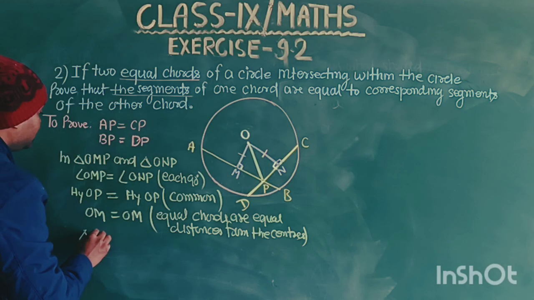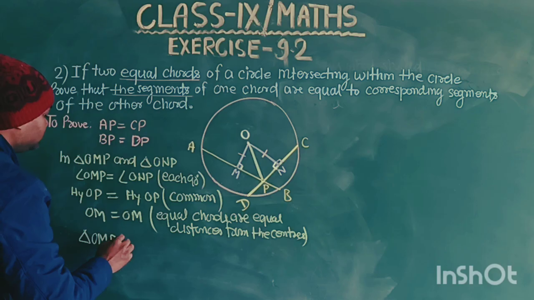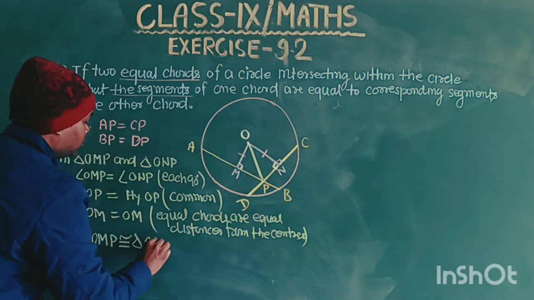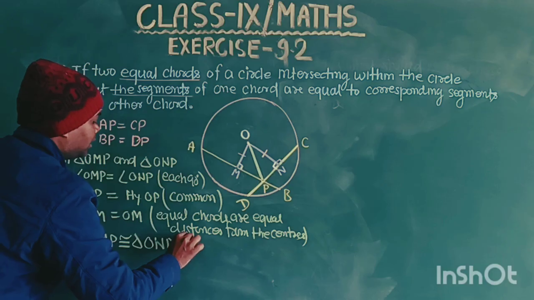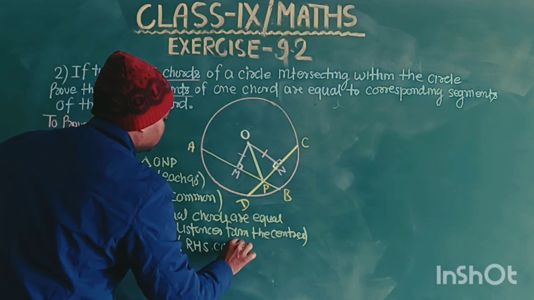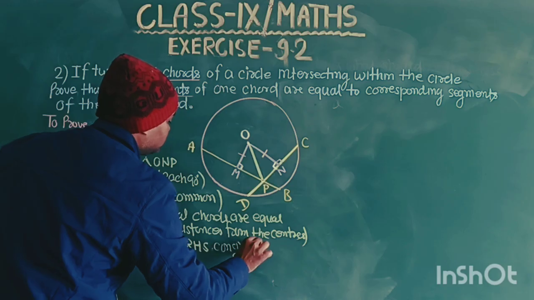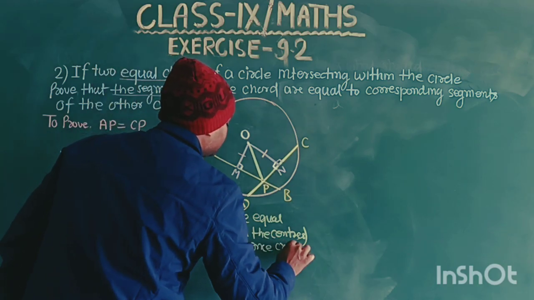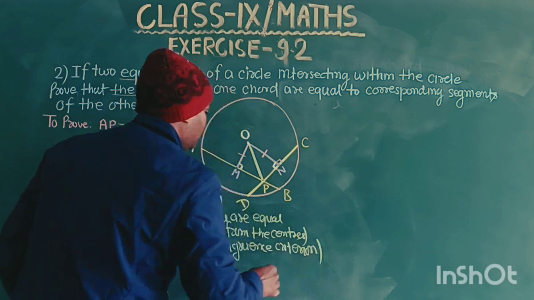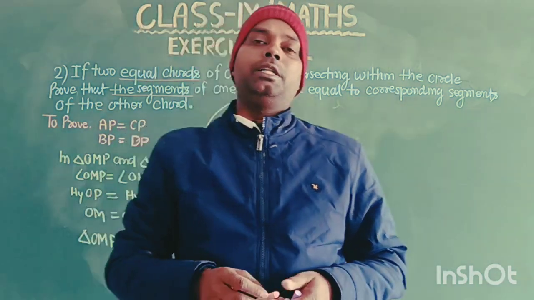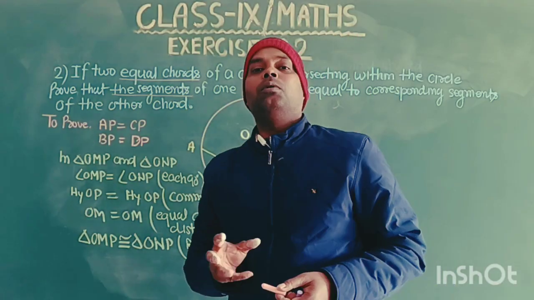Then write triangle OMP is congruent to triangle ONP by RHS congruence criteria. And as we know that when two triangles are congruent, then the rest of their parts are also equal to each other.